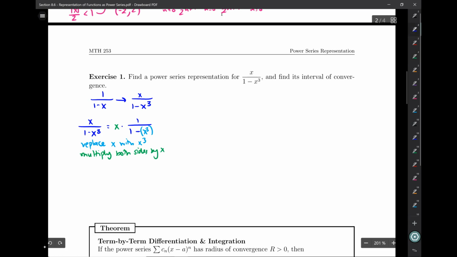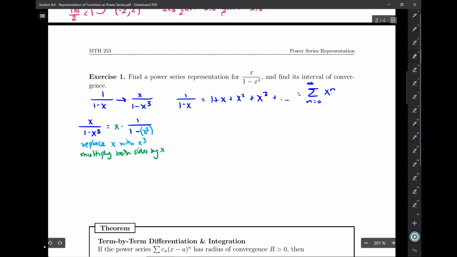Okay? All right, let's try to do that. I'm going to start with the thing that we know. 1 over 1 minus x is equal to 1 plus x squared. You might not have to do as many steps as I'm doing, and that's okay. I generally like to show as many steps as needed.